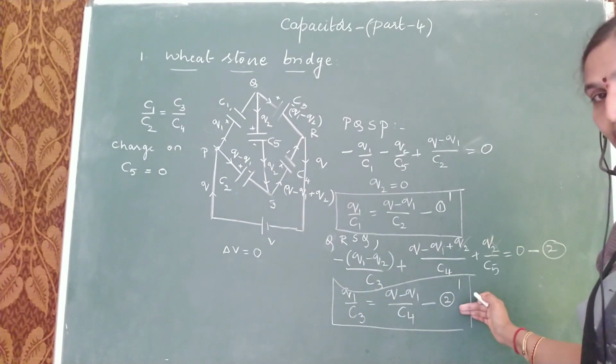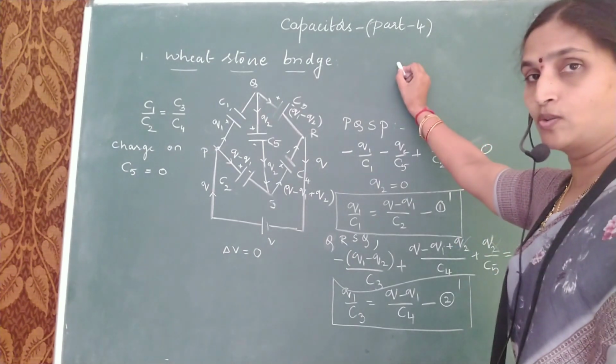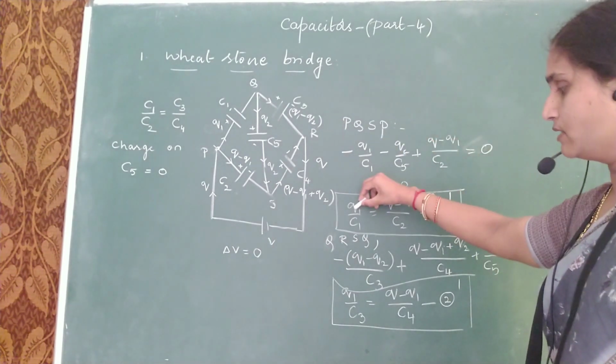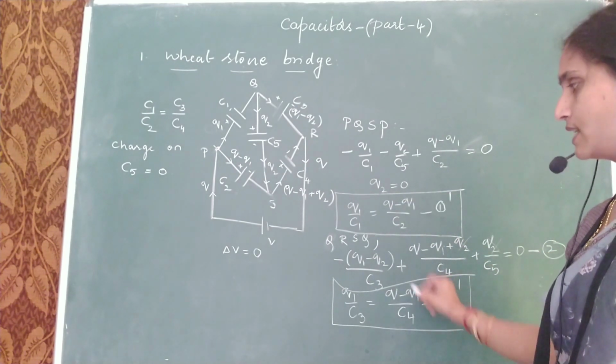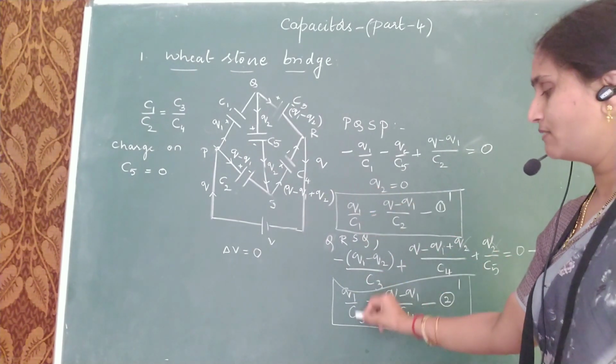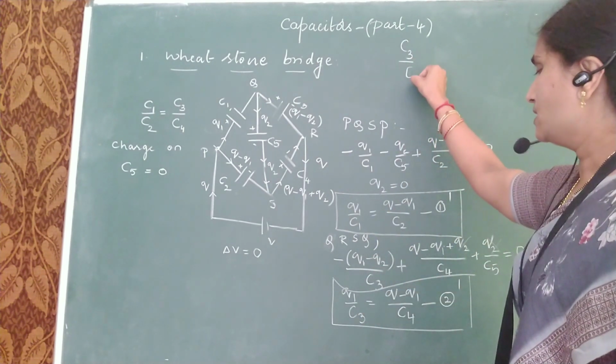Now if I divide these two relations, 1 dash divided by 2 dash, okay, I will write the division over here. Then tell me what will happen. Q1 and Q1 get cancelled. Q minus Q1 and Q minus Q1 also get cancelled. So 1 by C1 by 1 by C3 is C3 by C1.